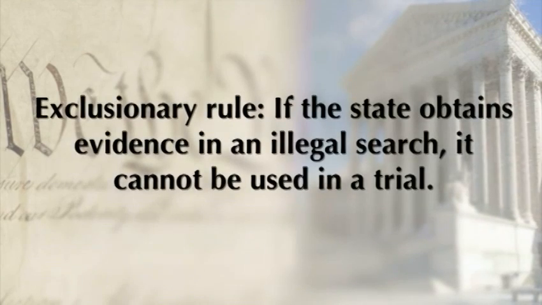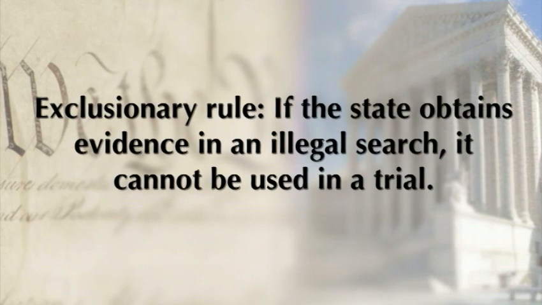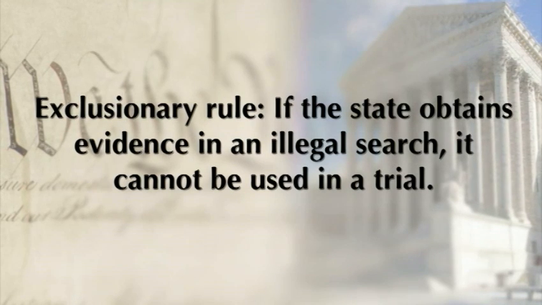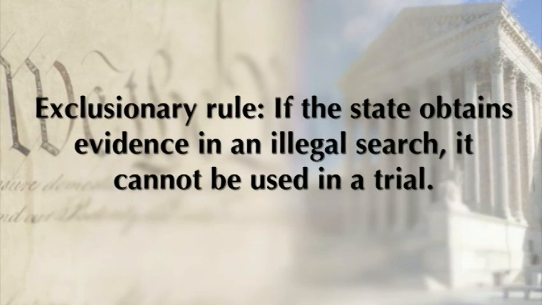Now, you know, many countries around the world don't follow an exclusionary rule. That's called an exclusionary rule, where you can exclude that evidence from any trial proceeding against the person that the state is trying to prosecute. And that's rather a dramatic limitation on evidence that can be used by the state against someone.